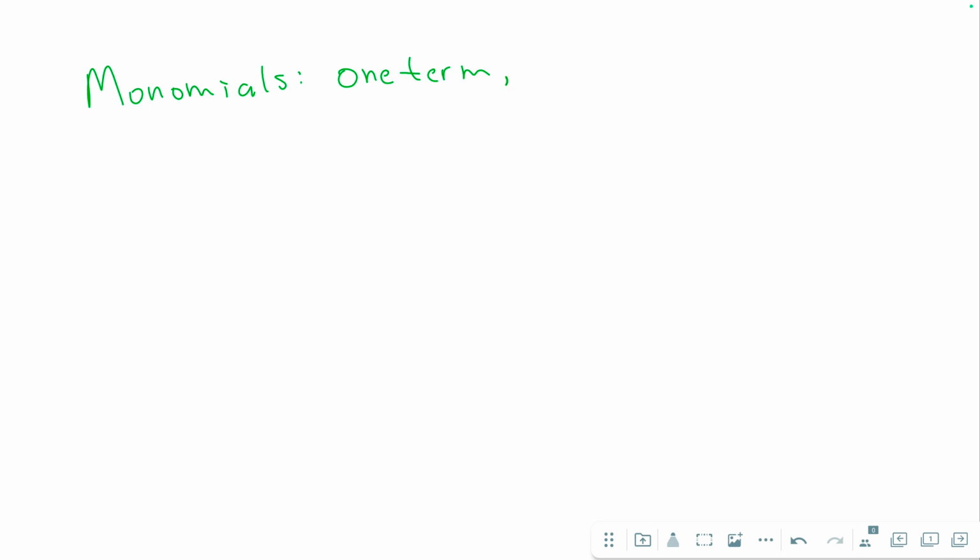That term could be a number, a variable, or the product of a number and a variable. Okay. So all of the answers that we gave from example 1 to 2, those were all monomials.